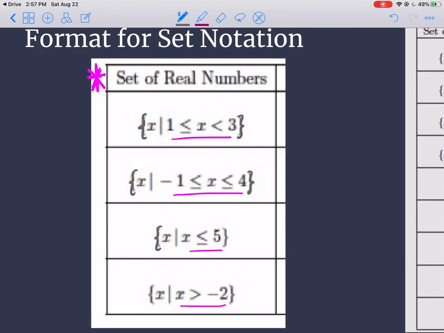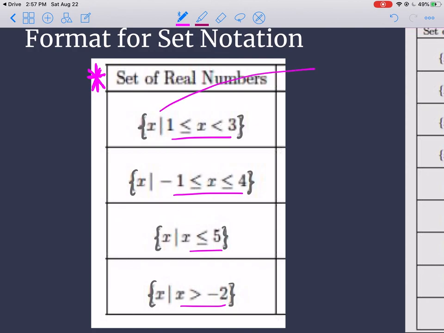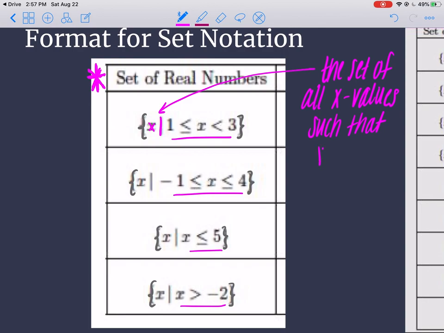And then we also have the x, the first x there, and the bar. And what that means, here, let me draw an arrow. Okay, this bar and this x means the set of all x values such that x is, like we said, greater than or equal to 1 and less than 3.